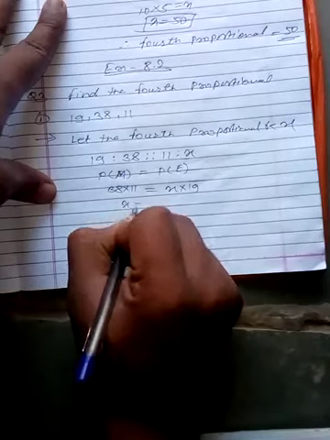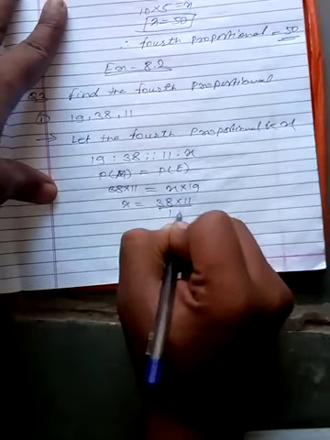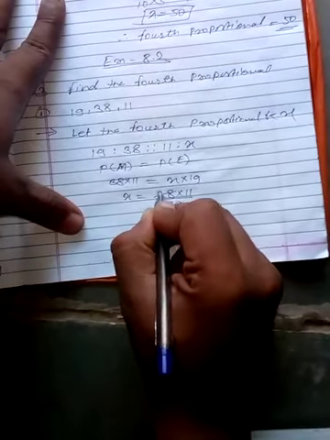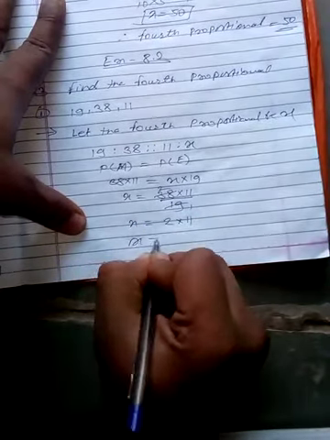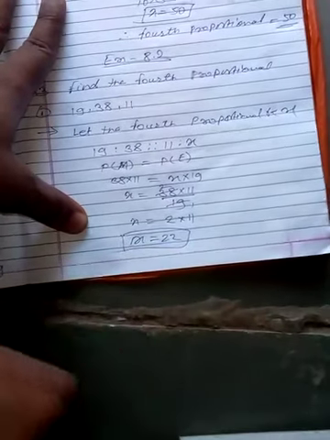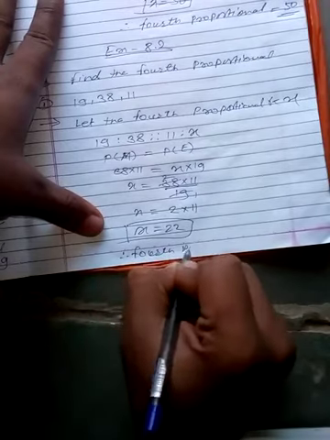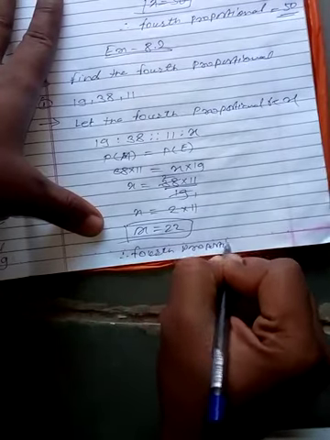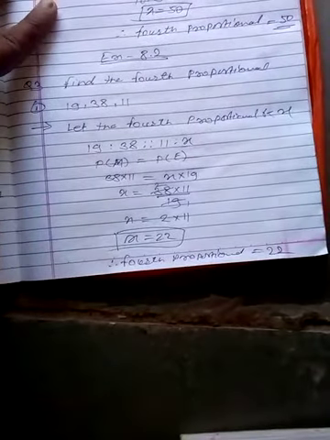Therefore x is equal to 38 multiply 11 upon 19. 19 1s are 19, 19 2s are 38. Therefore x is equal to 2 multiply 11. Therefore x is equal to 22. Therefore fourth proportional is equal to 22. Understand?